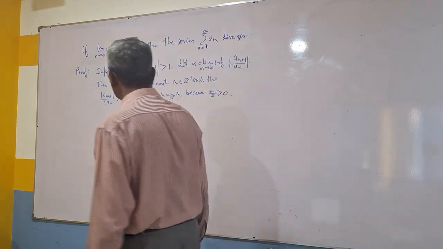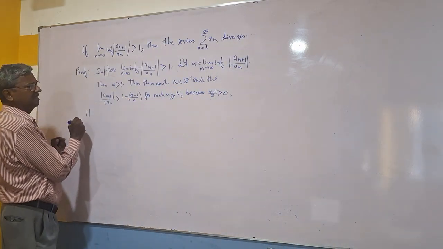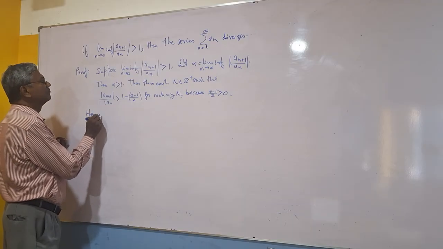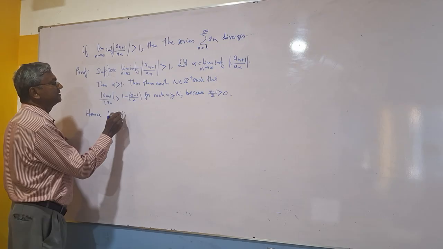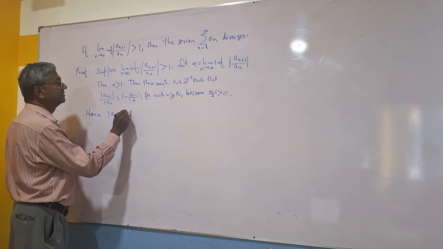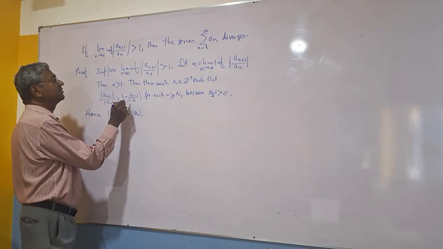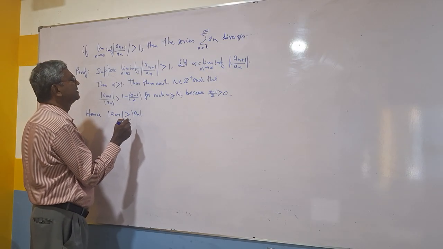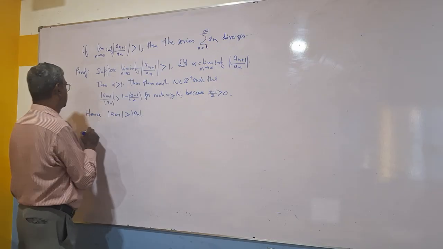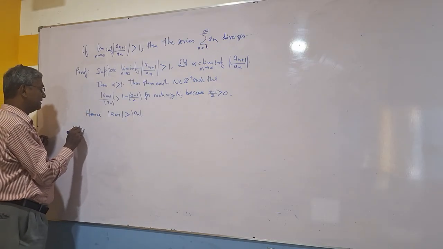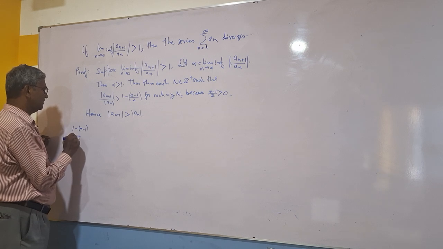So to simplify this, hence mod of a_{n+1} is strictly greater than mod a_n times, when you simplify this, 1 plus (alpha minus 1) divided by 2, how much? 1 plus alpha divided by 2.